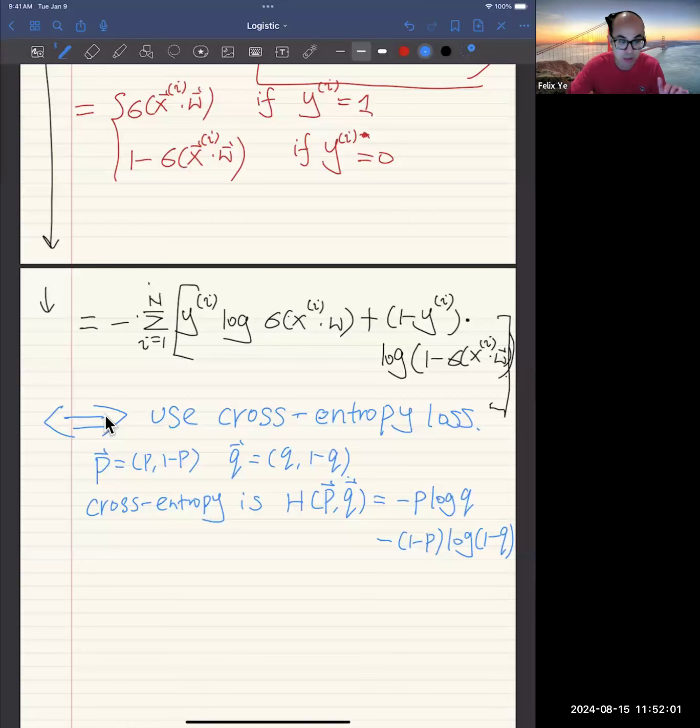Basically this measures a kind of distance between two probability distributions.